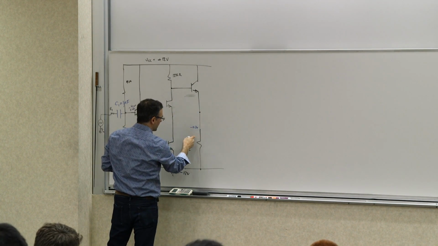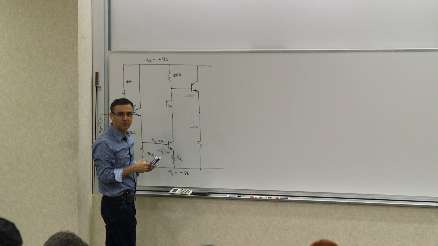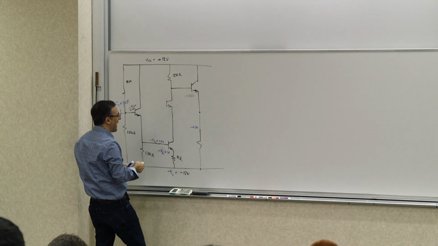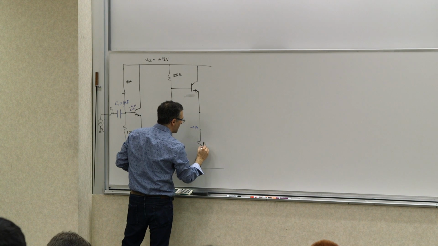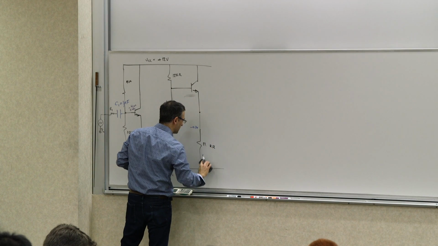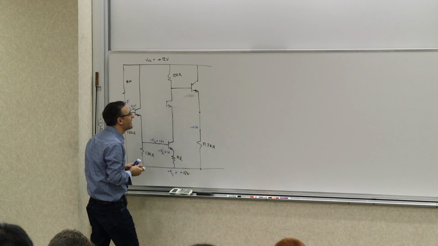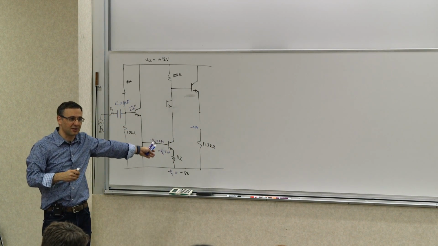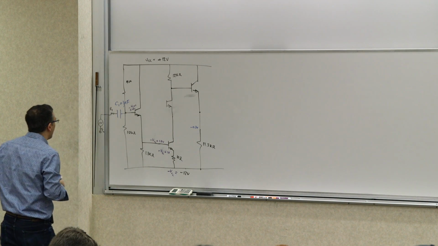And then this is 12, so there's an 11.3 volts drop across this thing. So if I want it to be 1 milliamp, I will make this 11.3 kilo ohms. We can pick some other values that are not exact, just for now.